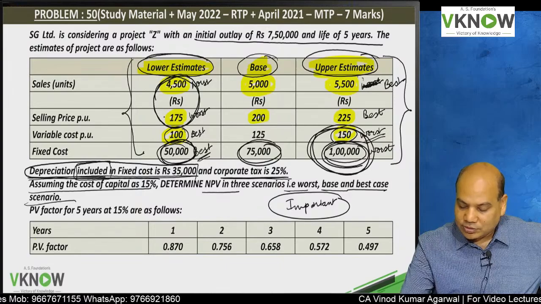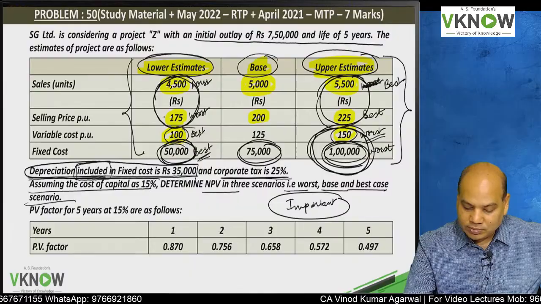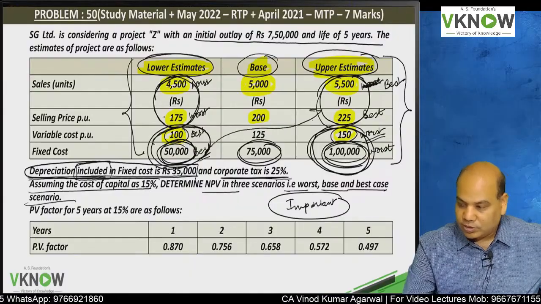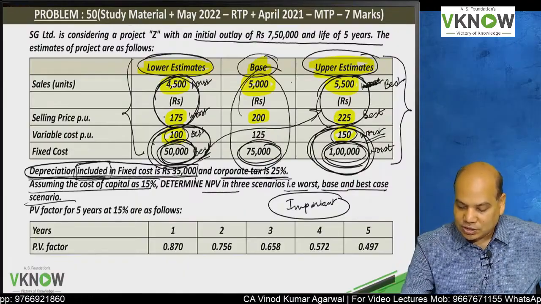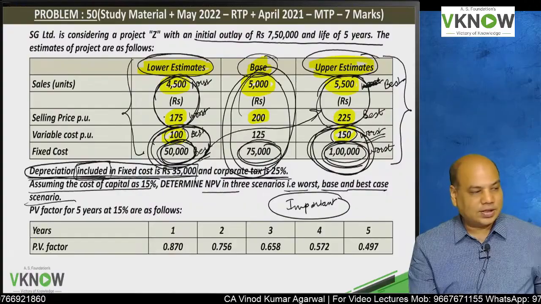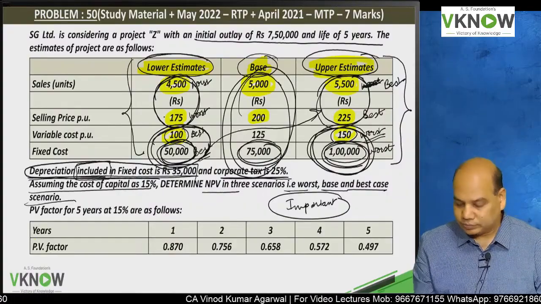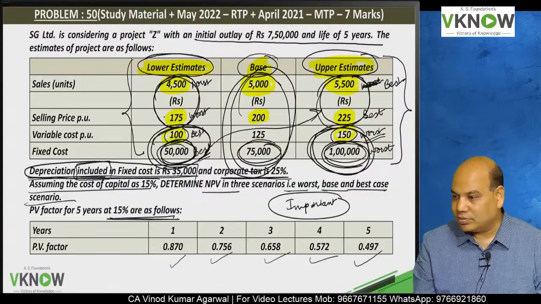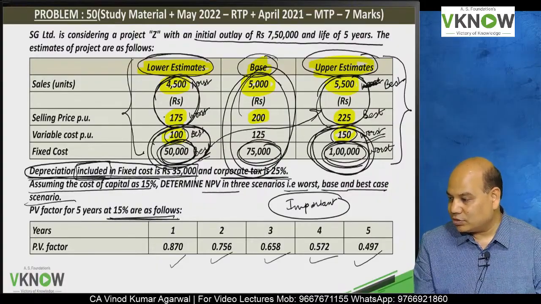Similarly, in best case, selling price and sales quantity you will take from here, and variable cost and fixed cost you will take from here. So that much care you have to take. As far as base case is concerned, there is no problem. You will take the same data given to you. PV factor is given at 15% as follows, and you can use them if you need them. So should we solve it or should we give as homework?